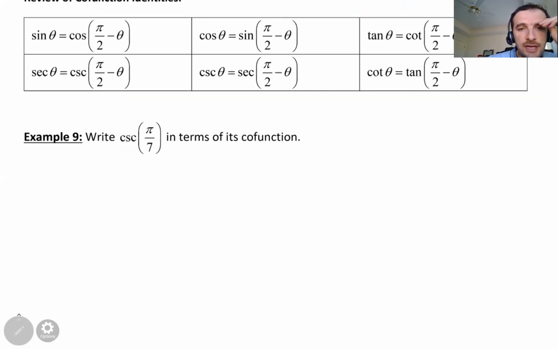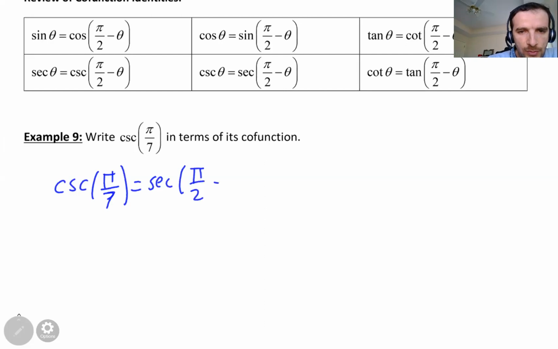Write cosecant pi over 7 in terms of its co-function. So cosecant pi over 7 is equal to secant of pi over 2 minus pi over 7, right? I'm using this identity here.